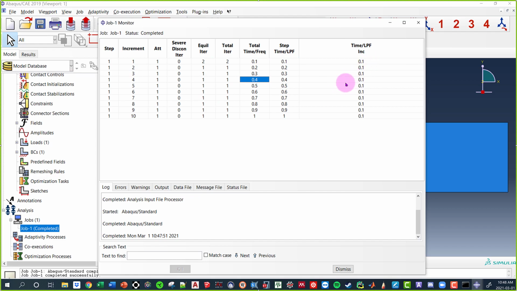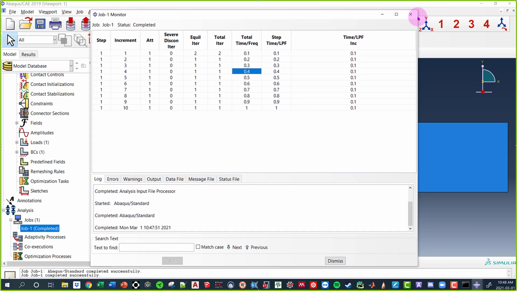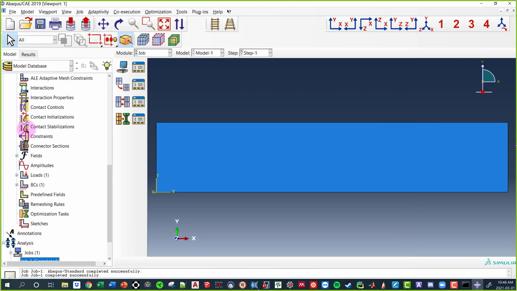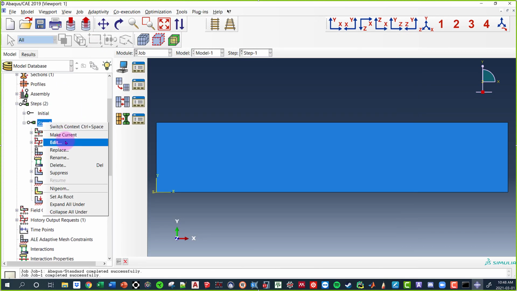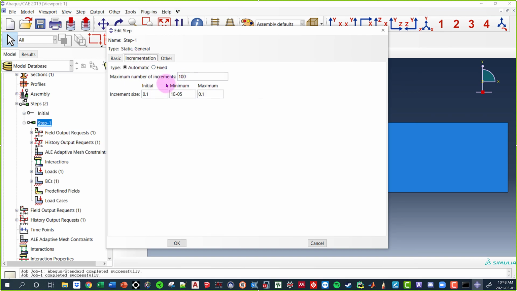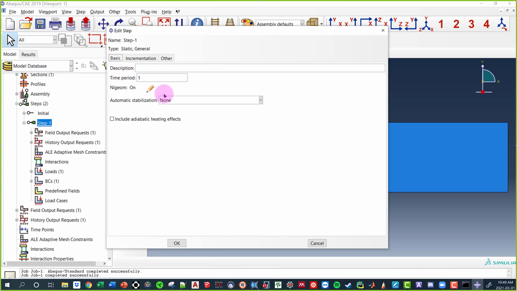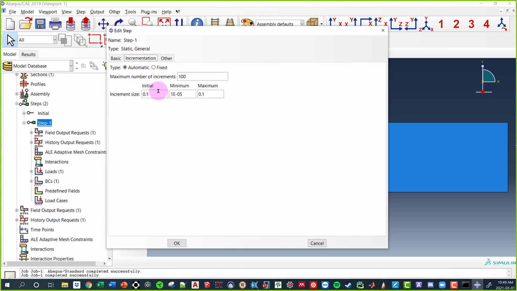So now I'm just going to reiterate one last thing: these increment sizes are increments of the time. By default, our ABAQUS time will always be set to 1, so these increments are always increments of the time. If I keep the increments at 0.1, this is always going to be 10% of the time, so our loads are always going to go up by 10%.